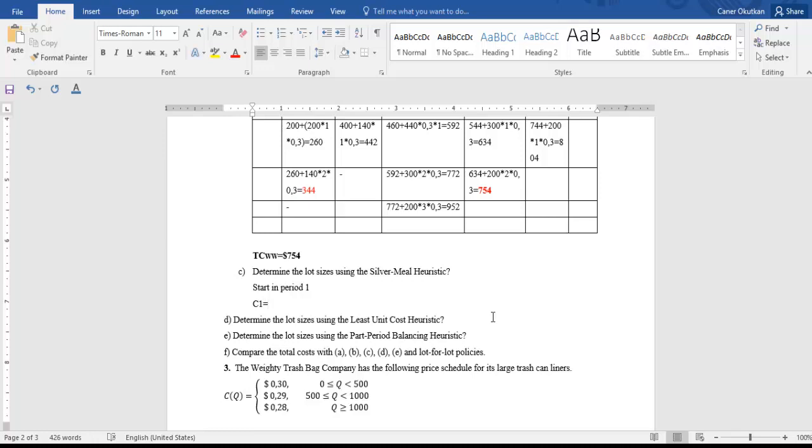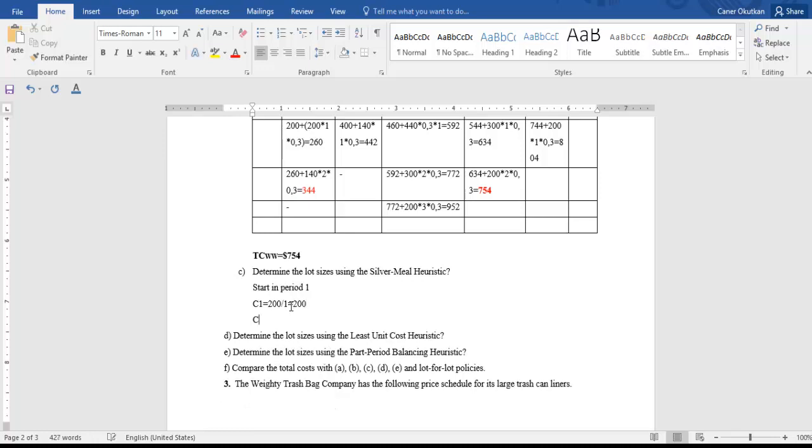In cost 1, 200 comes from setup cost for period 1. 200 divided by period 1 equals 200, and cost second, 200 plus 200 multiply 1 period multiply 0.3 divided by 2 period equals 130.